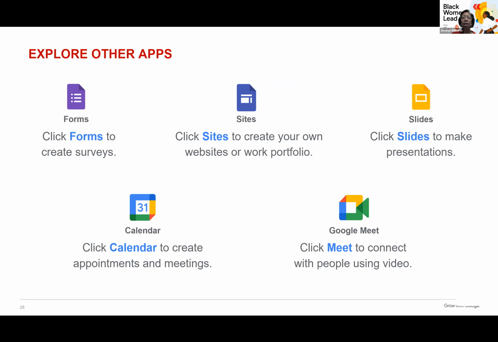Google Meet, this is a video conferencing app, and you can use it to meet with committee members remotely. I've used Google Meet to meet with family members. We used it as part of a family reunion planning event. We met via Google Meet.